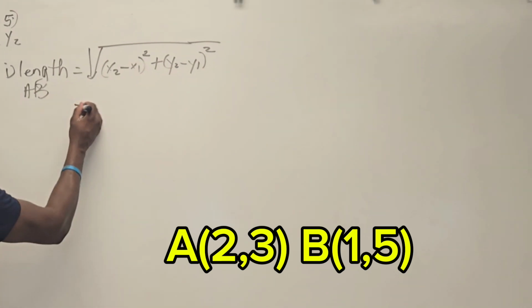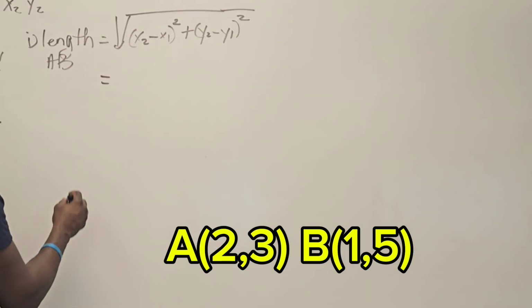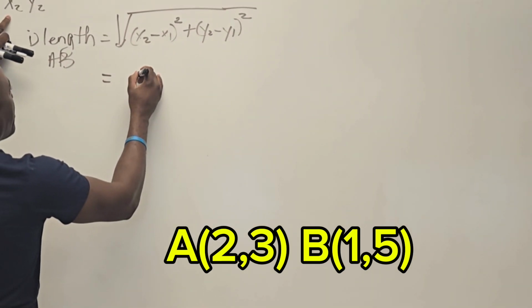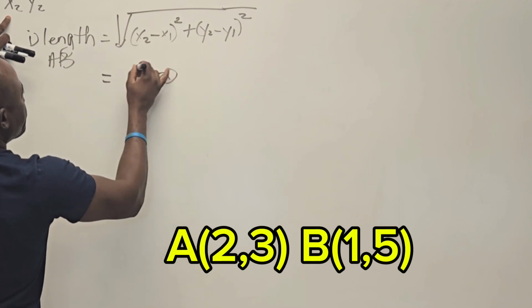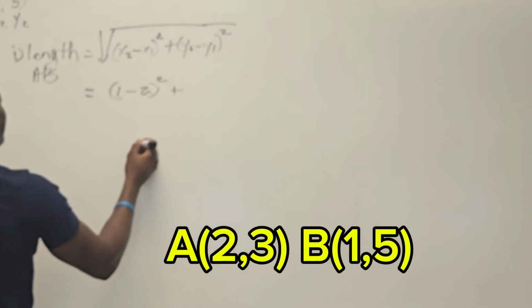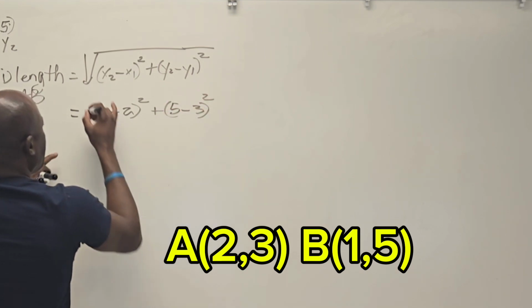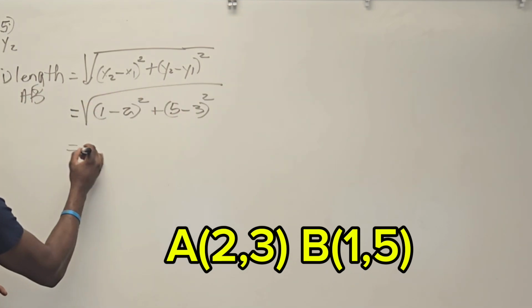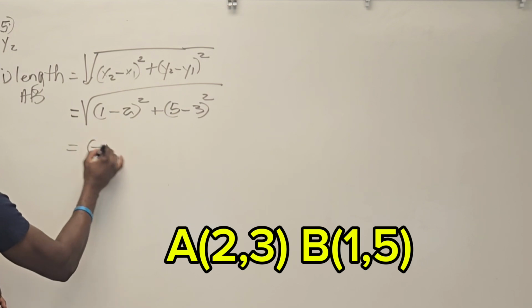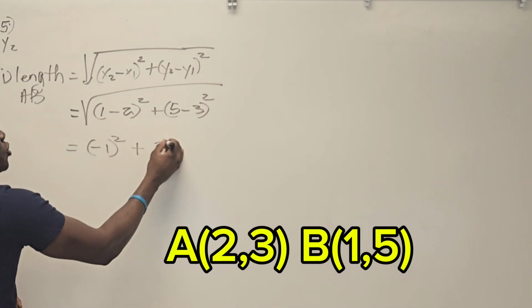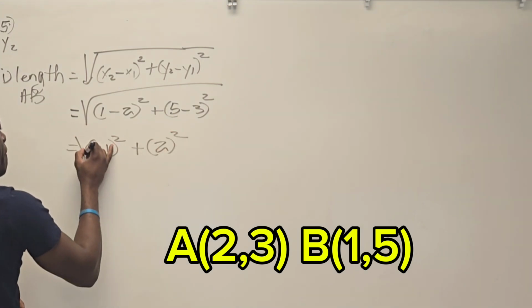So let us substitute quickly. We're looking at 1 minus 2 squared plus 5 minus 3 squared, and we take the square root of that: -1, be careful here, squared, plus 2 squared.